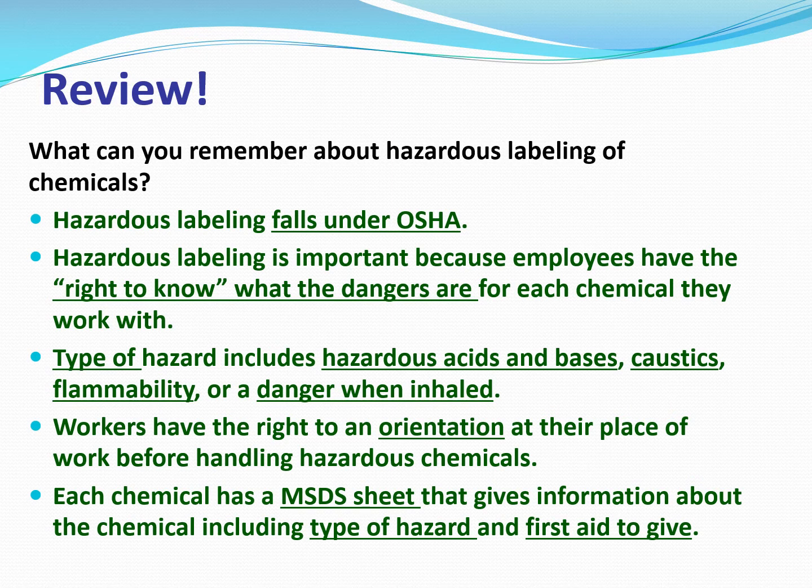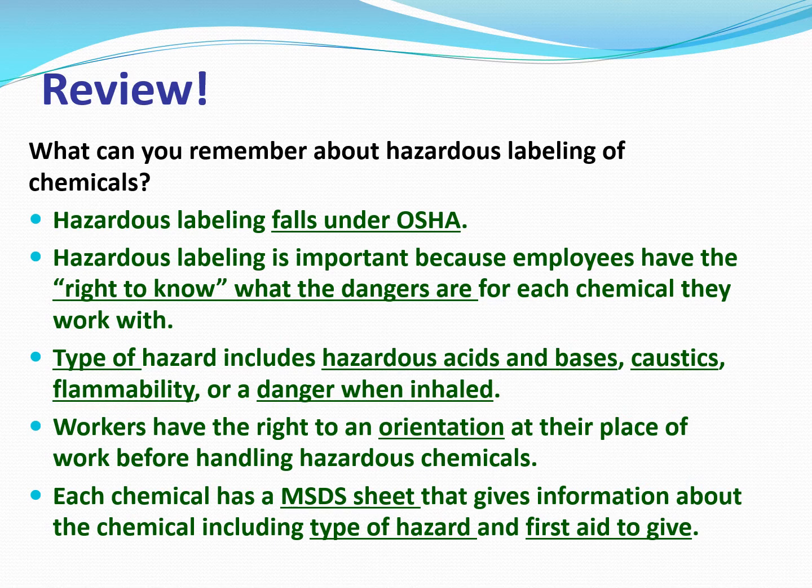So remember, hazardous labeling falls under OSHA, right? OSHA is that department that falls under federal agency that falls under the Department of Labor, right? Hazardous labeling is important because employees have the right to know, right? HAZCOM, hazard communication, what the dangers are for each chemical that they are working with, right?